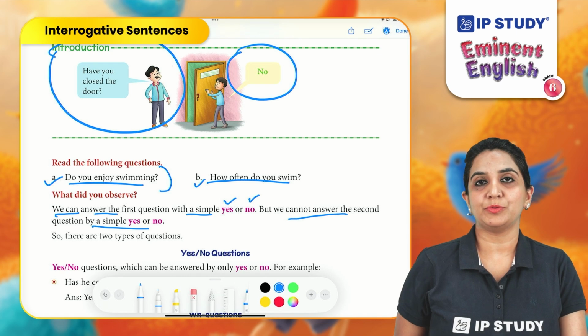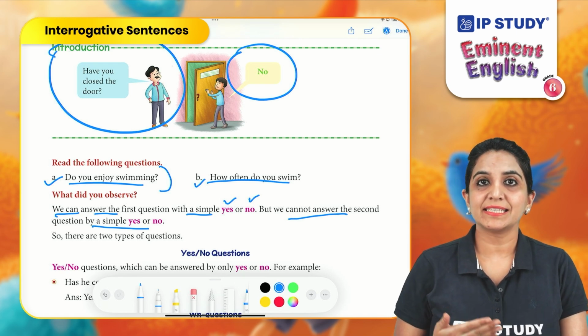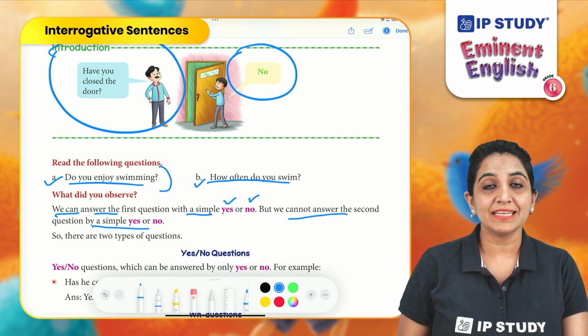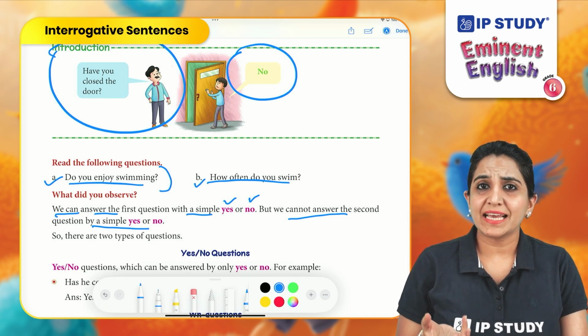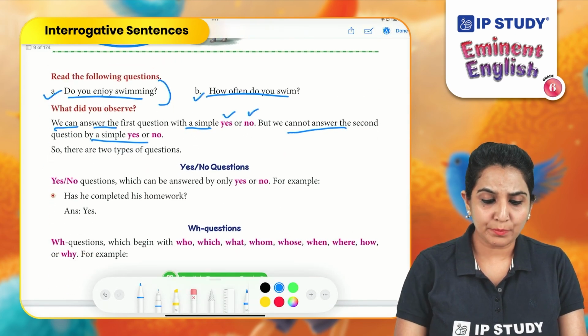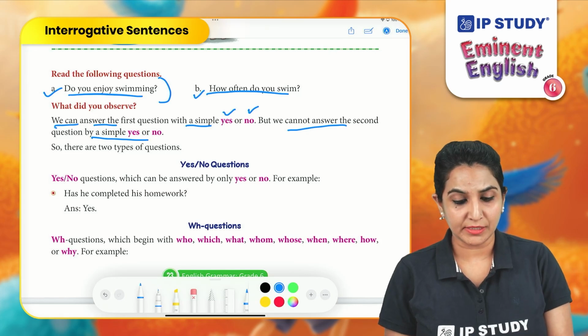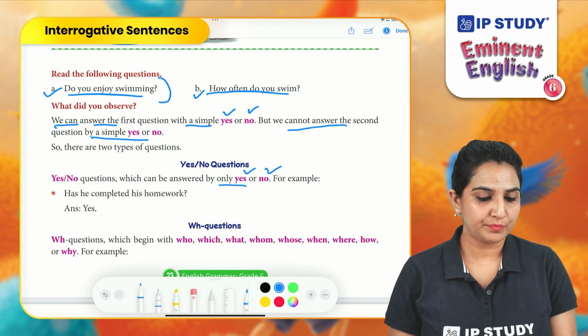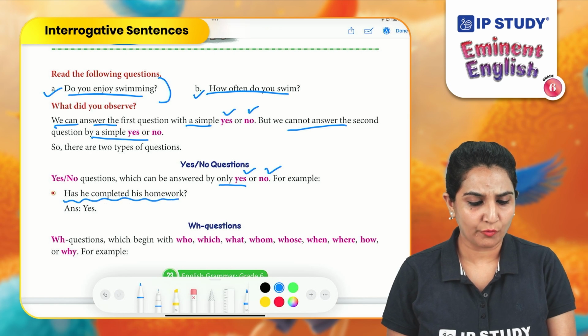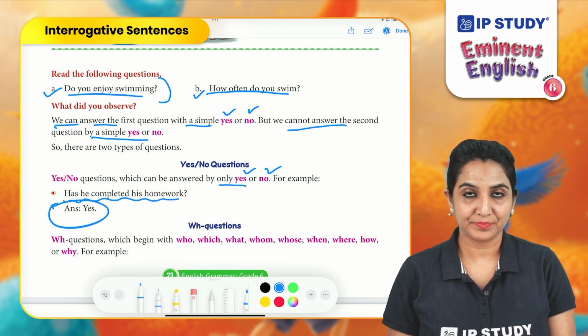These are the two types of questions: yes-no questions and WH questions. Yes or no questions are simple, which can be answered by only yes or no. For example, has he completed his homework? Yes.